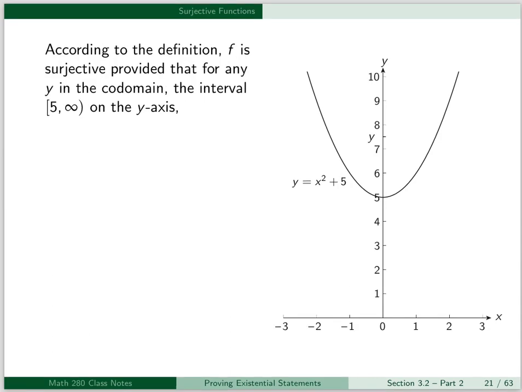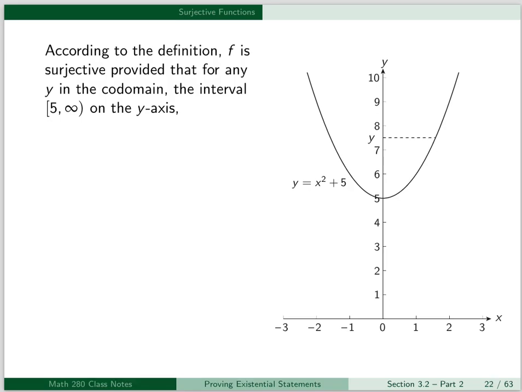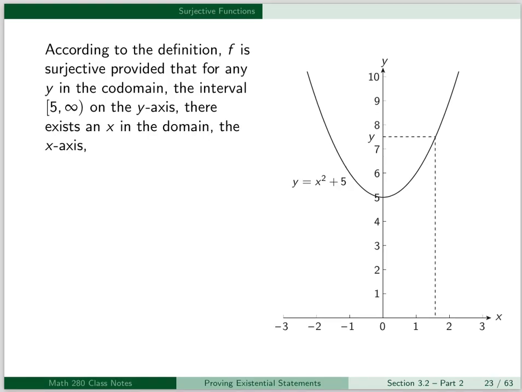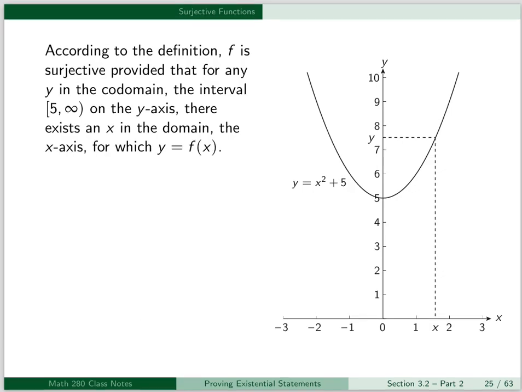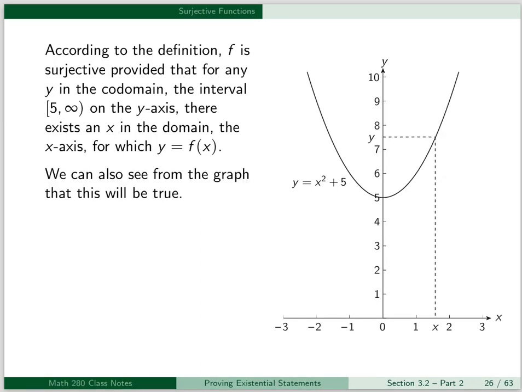According to the definition, f is surjective provided that for any y in the codomain, the interval from 5 to infinity on the y-axis, there exists an x in the domain, the x-axis, for which y is equal to f of x. We can also see from the graph that this will be true.